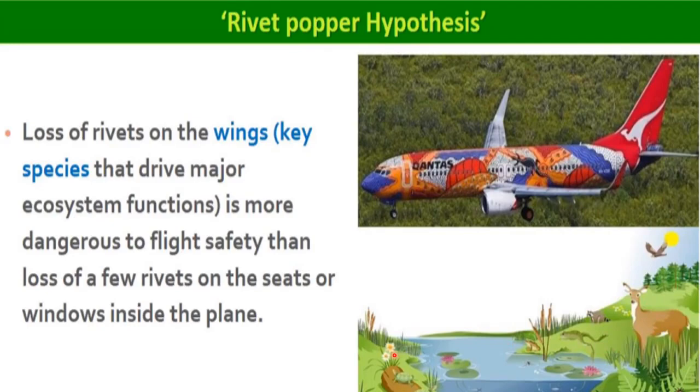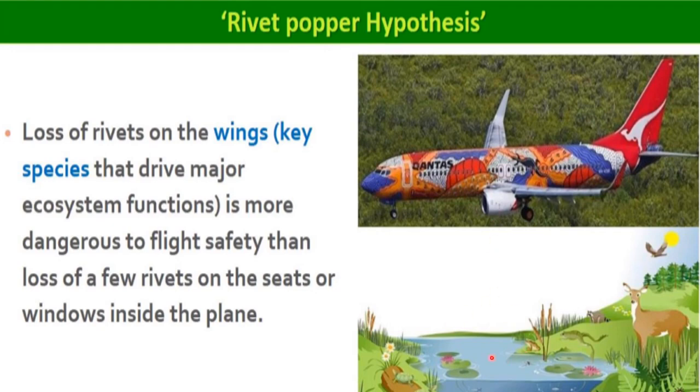That's why loss of those species will have a major effect on ecosystem functioning. Extinction of those species will be more dangerous for the ecosystem, right? Losing the rivets from the wings of the aeroplane will affect flight safety more than the loss of other rivets.